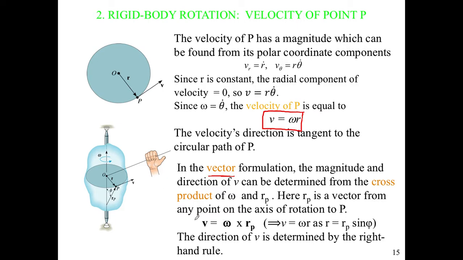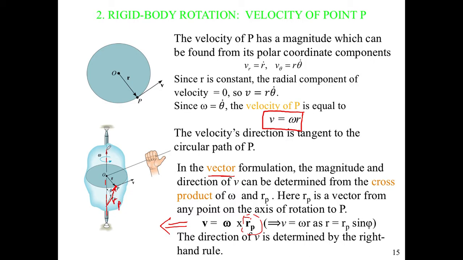Now note of course that in a cross product of vectors the order is extremely important. So that's why we must remember that it is actually omega crossed with r. Or r actually can be any vector of that particle p from this axis of rotation. So that means it could be this one too.